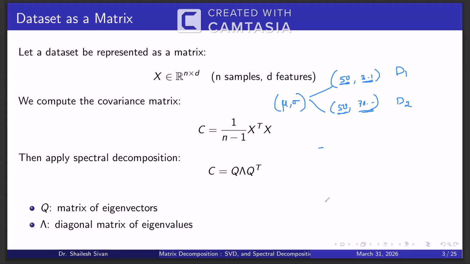So if you think about the distribution of our data, if this is the mean, the first data has a distribution like this, and the second data has a distribution like this.